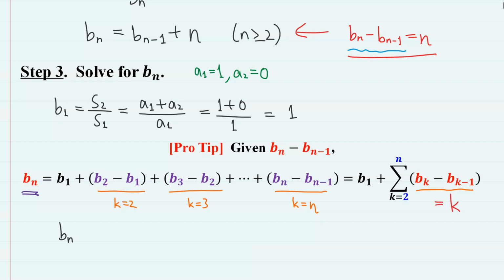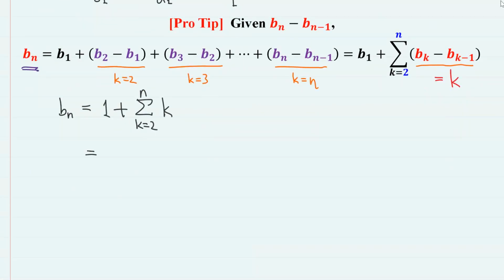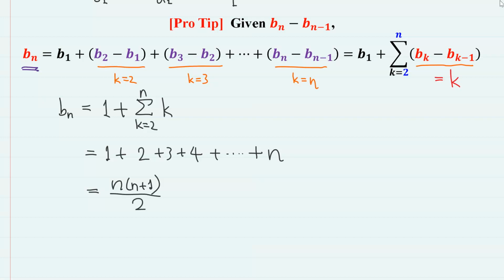So we have b_n equals b_1, which is 1, plus sigma k from k equals 2 to k equals n. So we have 1 plus 2 plus 3 plus 4 plus so on plus n, which is the sum of consecutive natural numbers, which is given by the simple formula n(n+1) over 2.